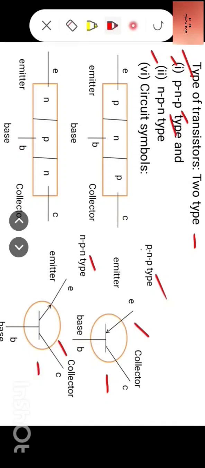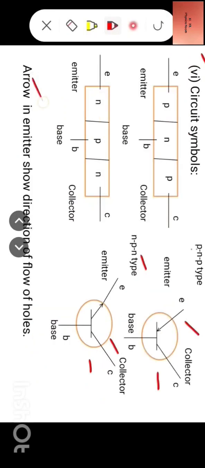Wherever you see such diagrams, you can immediately decide which type of transistor it is. The arrow in the emitter shows the direction of flow of holes. So wherever you see the arrow, it tells you this is the direction of flow of hole current.